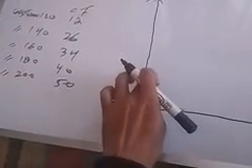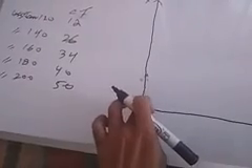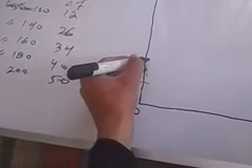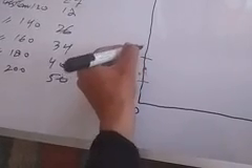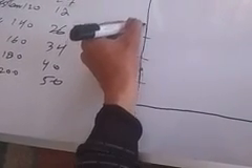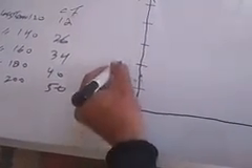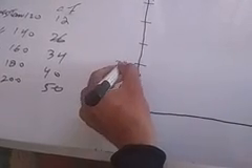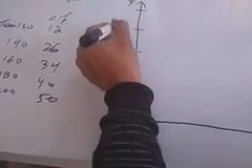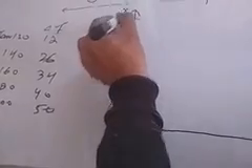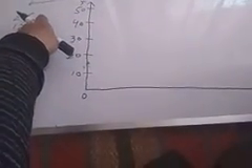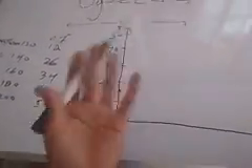I will draw it a bit bigger so that it is more visible: 10, 20, 30, 40 and 50. Gap of 10, 10, because here the least value is 12 and the maximum is 50. The scale you choose is up to you, but it should be convenient and easier for you.